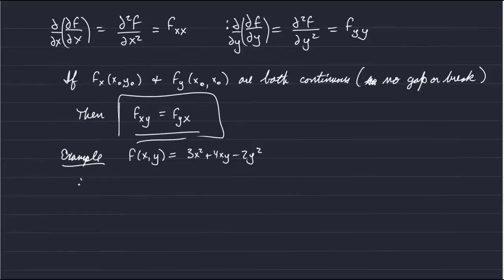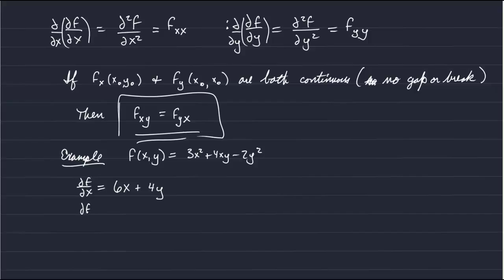Then we can evaluate the partial with respect to x. What we do is treat y as a constant when we take this partial derivative, and we just take the derivative with respect to x. The first term gives us 6x. The second gives us 4y, because again we're treating y as a constant. And the last term is equal to 0.